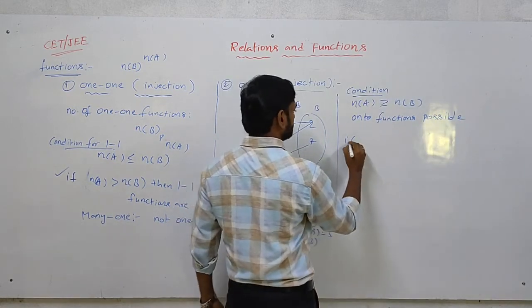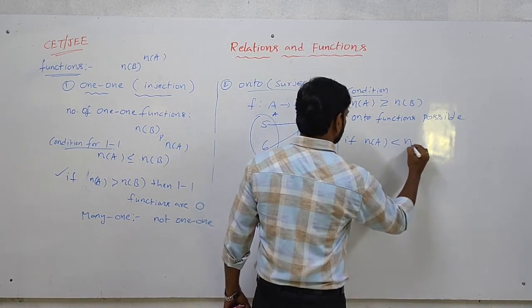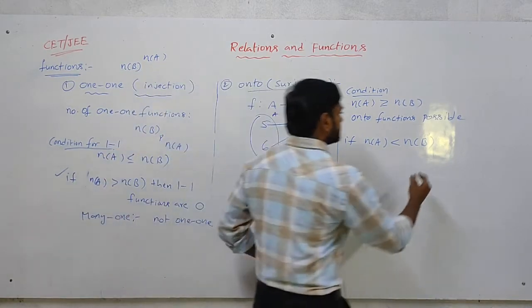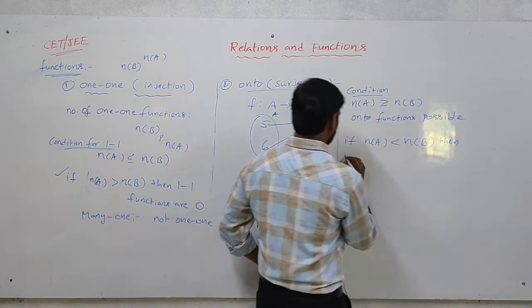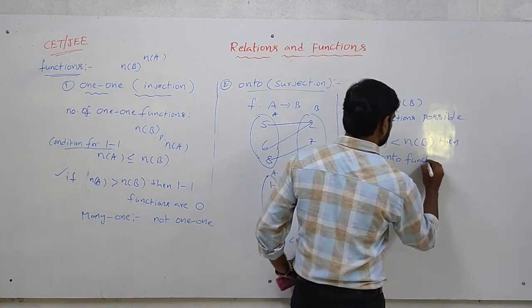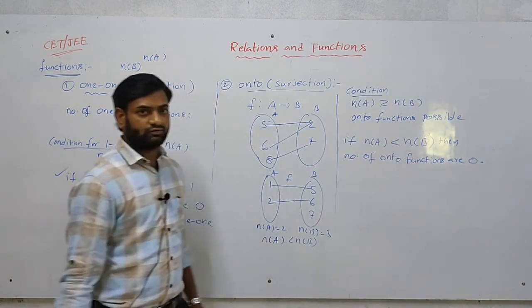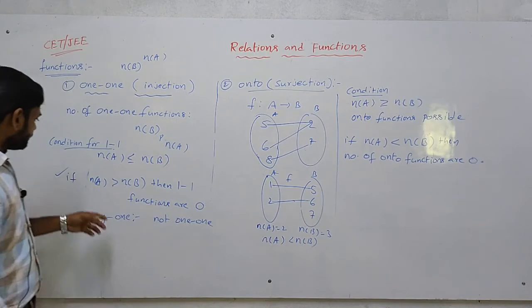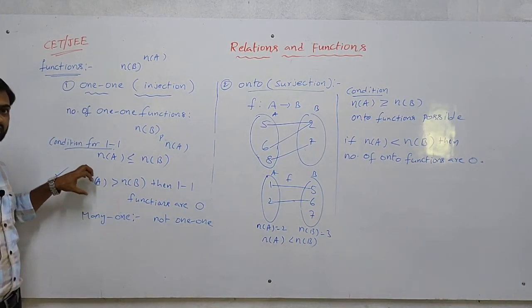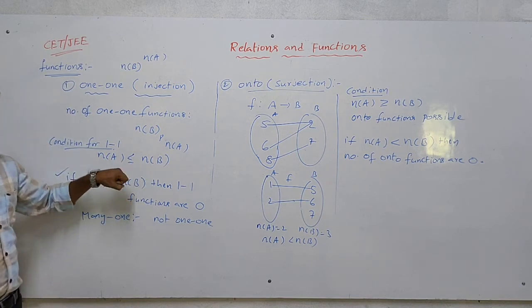Otherwise, if n of A is less than n of B, then the number of onto functions is 0.